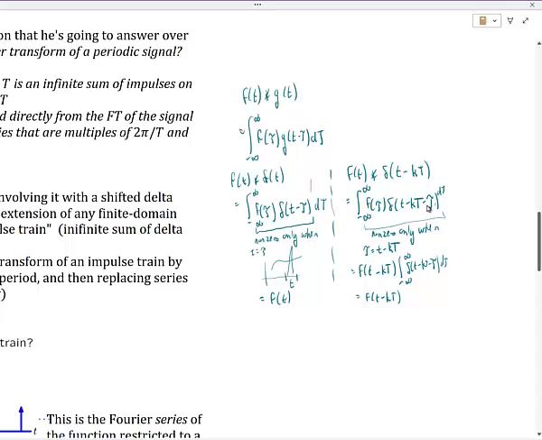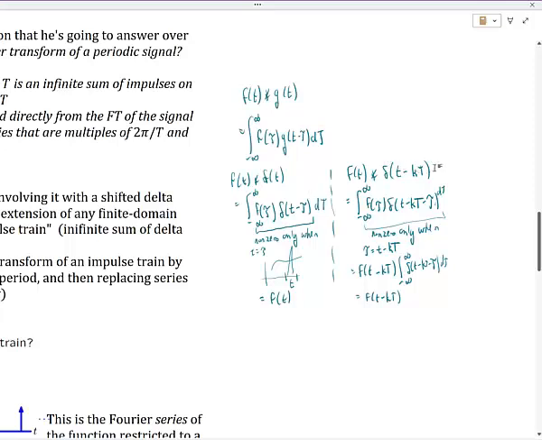Again, the delta has support exactly when tau equals t minus kT. So the value of f at that point is f of t minus kT. I can pull that out, and this integral just becomes 1. I get f of t minus kT. So the way to shift f using convolution is simply to convolve with a delta function.